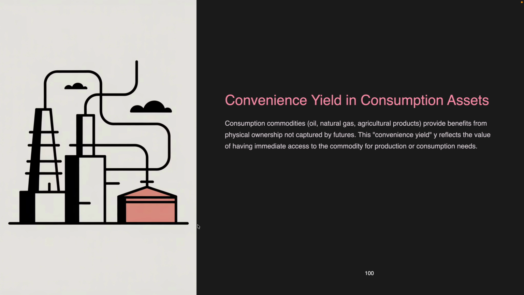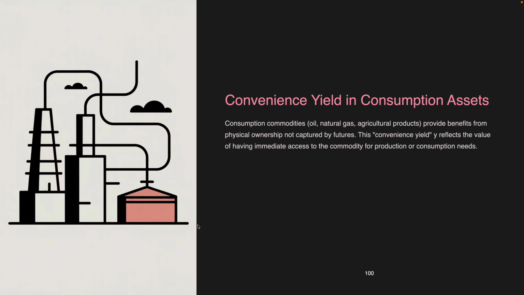Let us understand what convenience yield is. There are certain items like agricultural products and industrial raw materials which become a premium in case of scarcity. This can include oil, natural gas, and agricultural products.